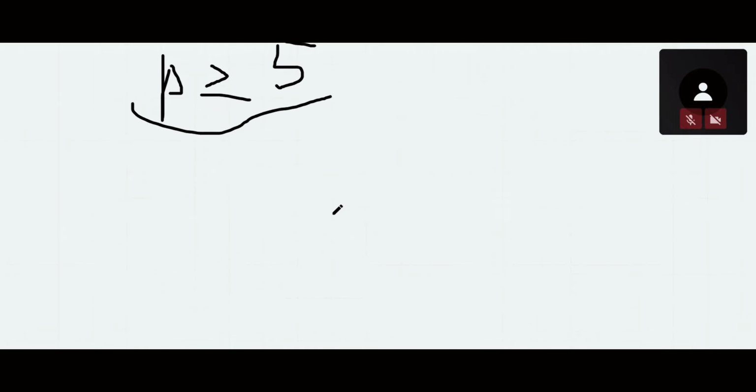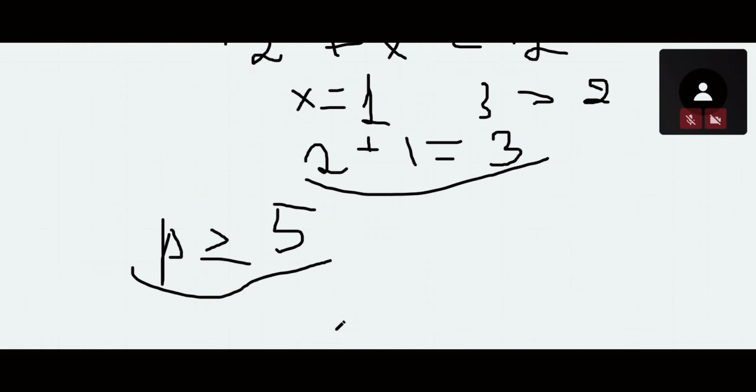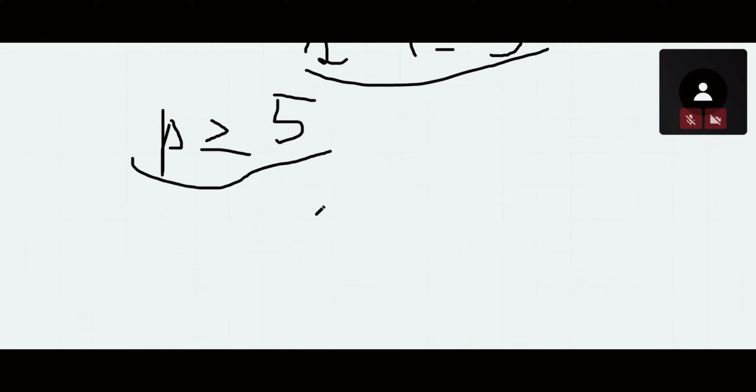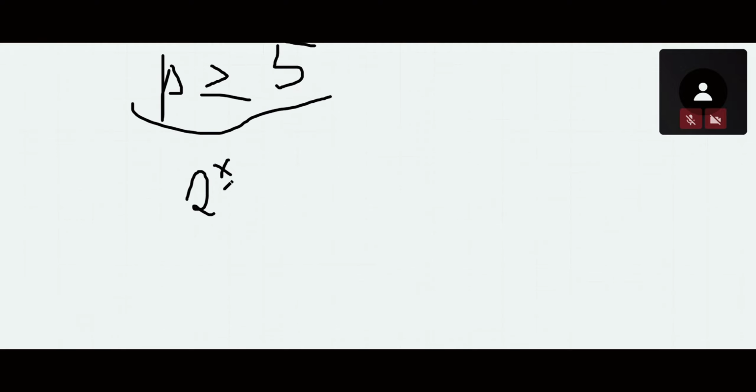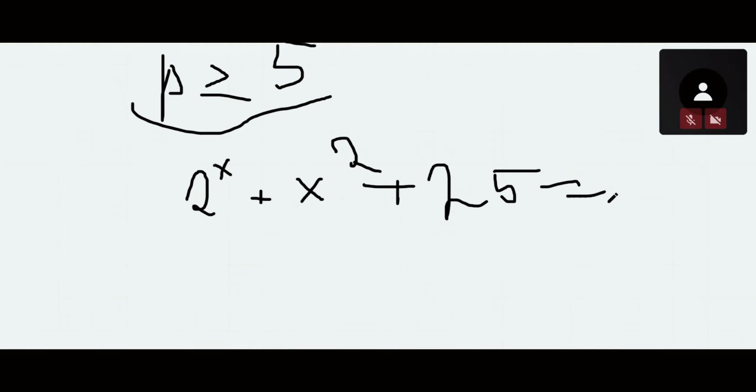Before looking at mod 4, let's see how big x is. If we take p as 5, 2 to the power of x plus x squared plus 25 is equal to 125.